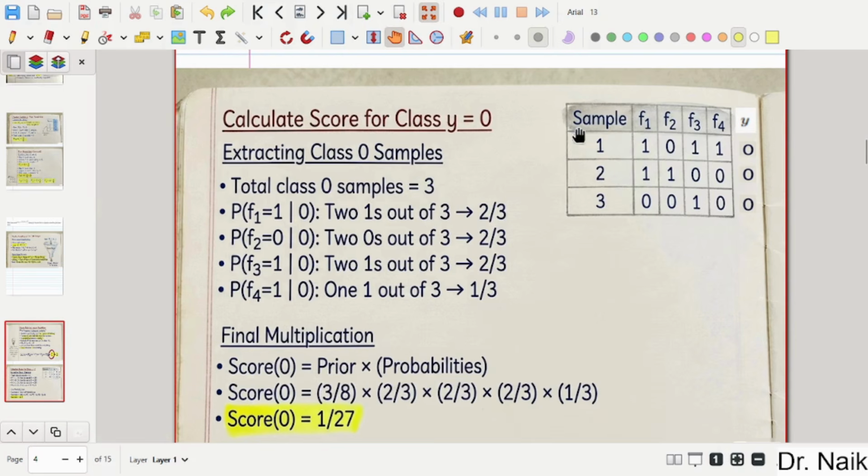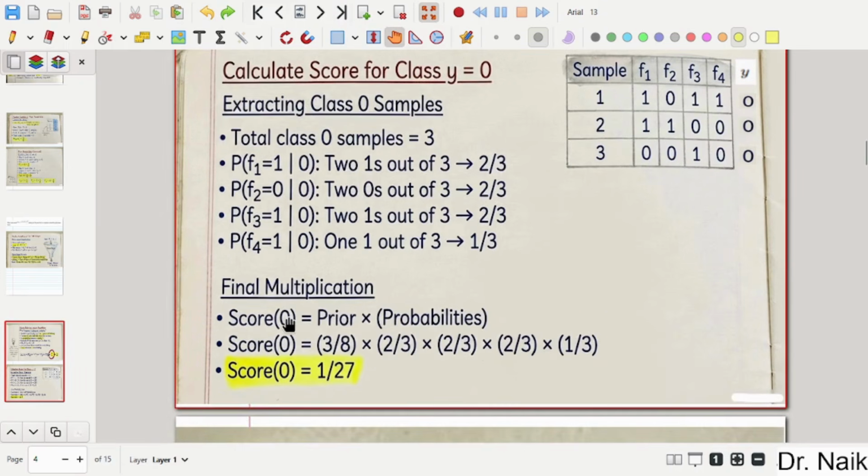The probability of f3 equal to 1 given 0: 1 occurs in the first and third samples, therefore 2 divided by 3. The probability of f4 equal to 1 given 0: 1 occurs only in the first sample, so its count is 1, so it is 1 divided by 3.